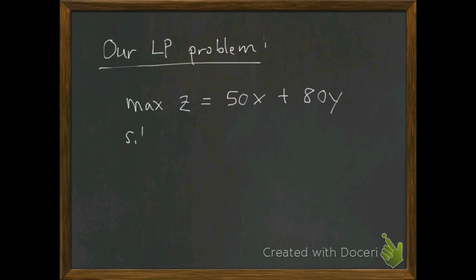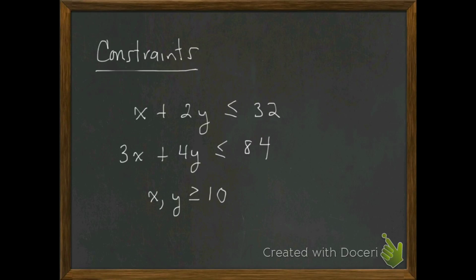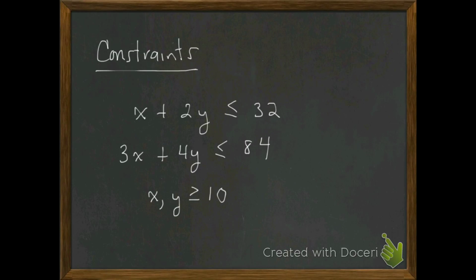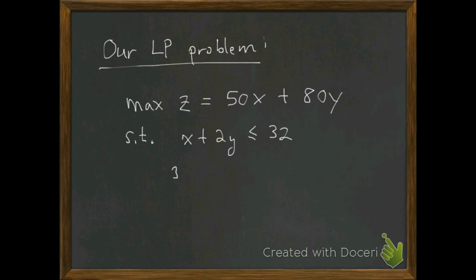Subject to x plus 2y less than or equal to 32. 3x plus 4y less than or equal to 84. And we're producing tents, so both of these have to be greater than or equal to 0.